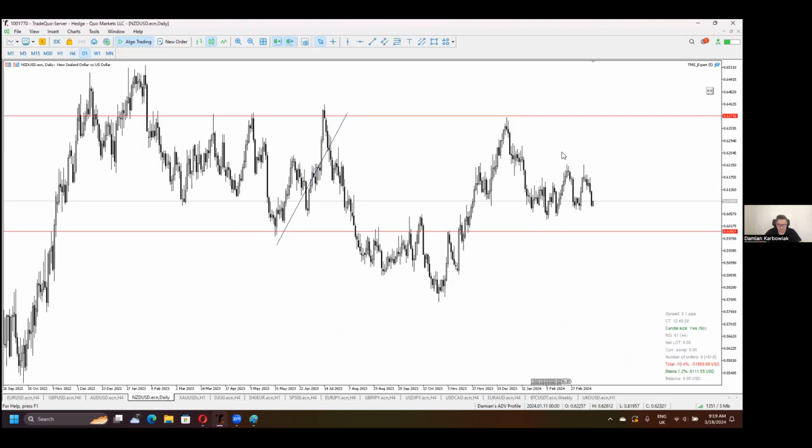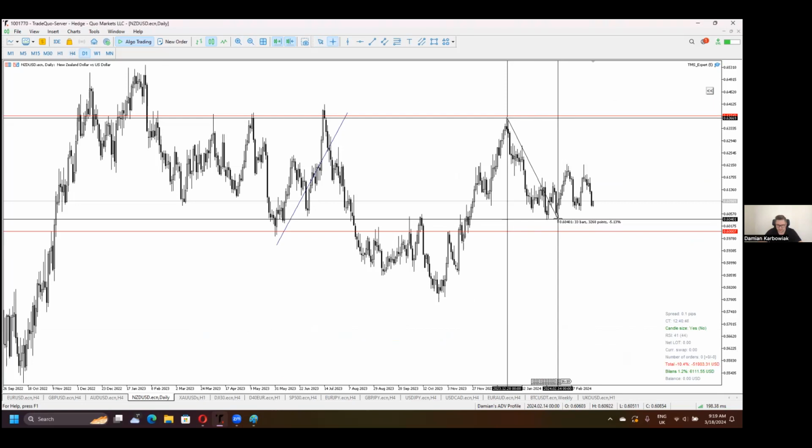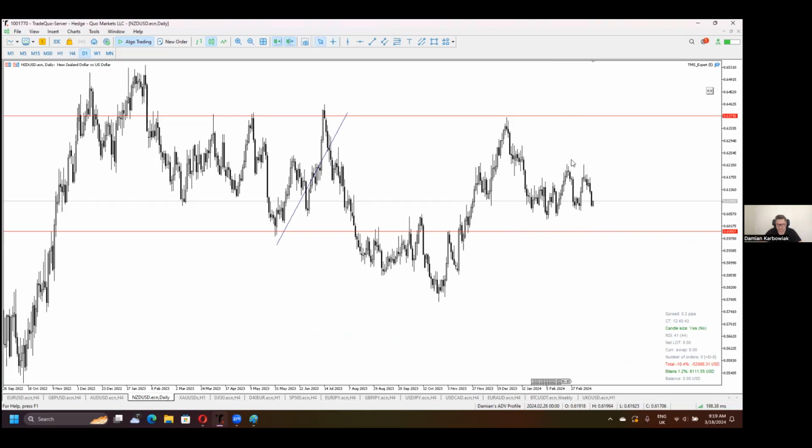According to the bigger picture, you have to remember that we have an overbalance right here, and we had a nice and full shape of the simple correction as well right here. Or if you treat it as an irregular correction with A, 3 waves B and C, that's also fine. After that, we had an overbalance of the biggest correction. So locally, even locally, we are in the downtrend.